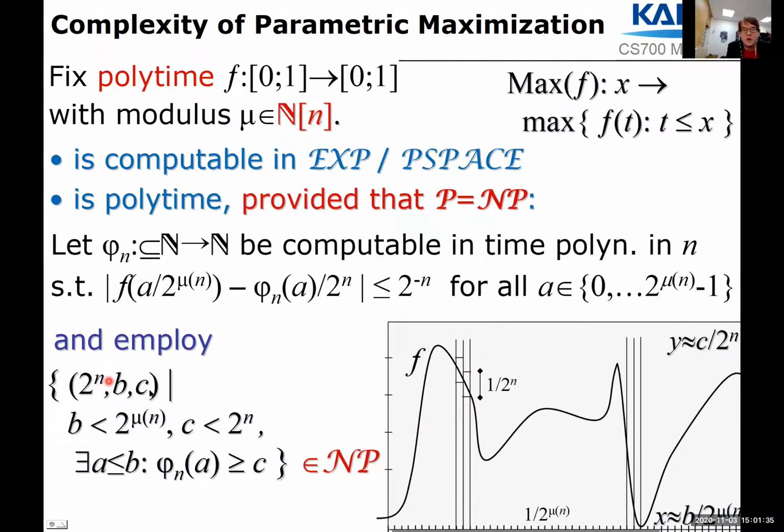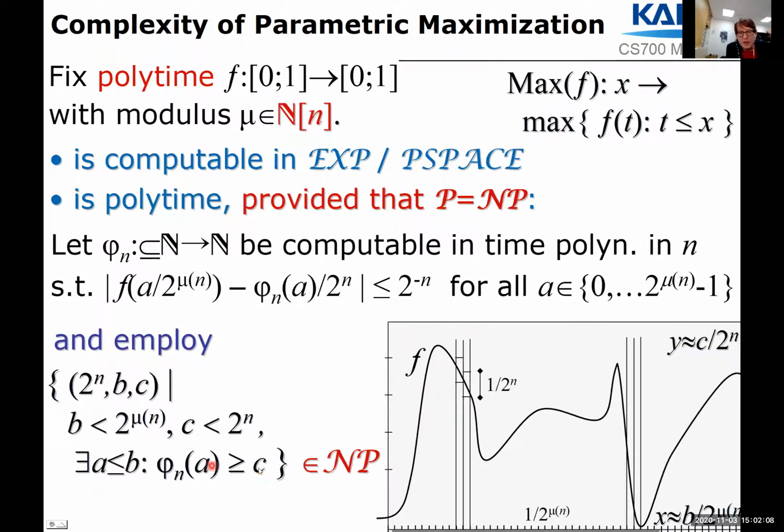Actually, it will repeatedly invoke the oracle. It will try to repeatedly decide that decision problem for values of C by using a binary search with respect to C. So C is something between 0 and 2 to the n, and 2 to the n and B itself are temporarily fixed. Then our algorithm will search for the largest value C such that this triple belongs to this decision problem.